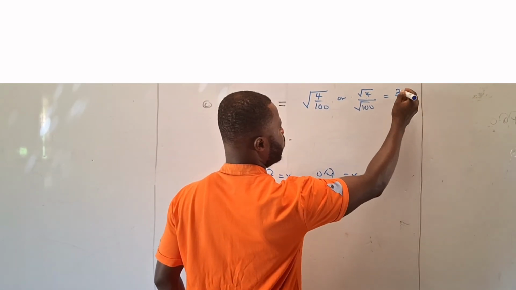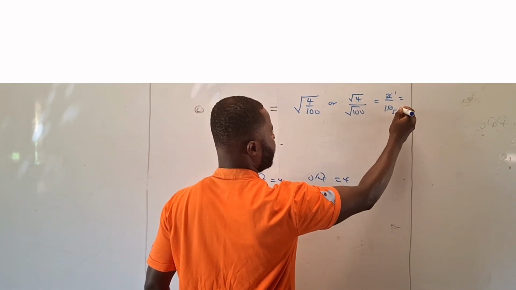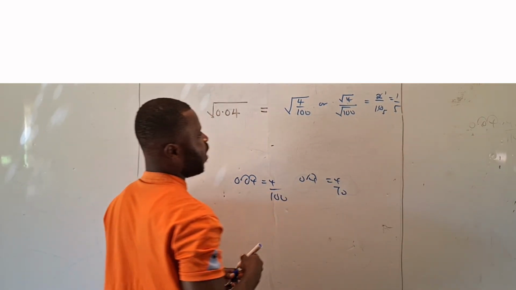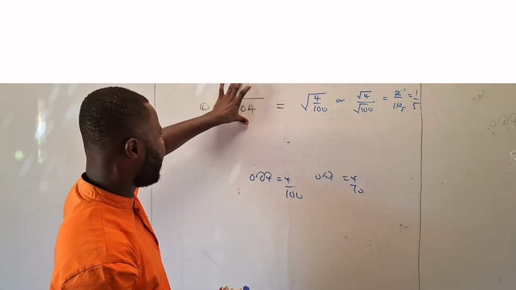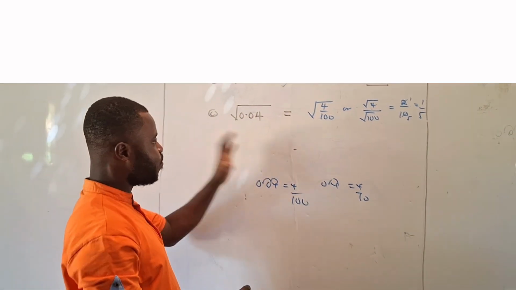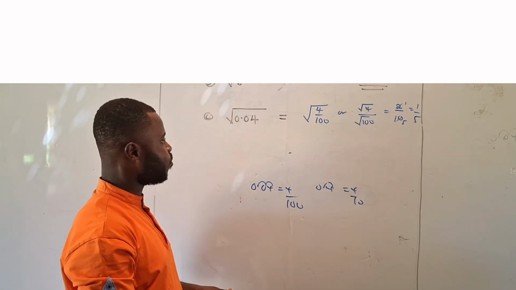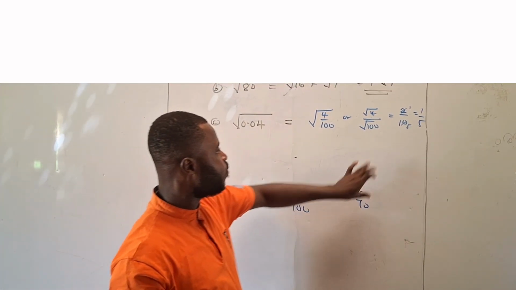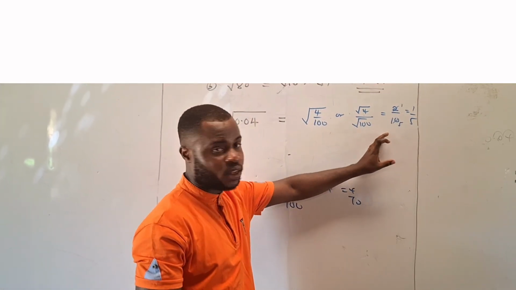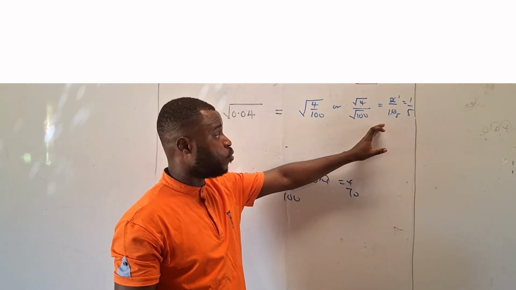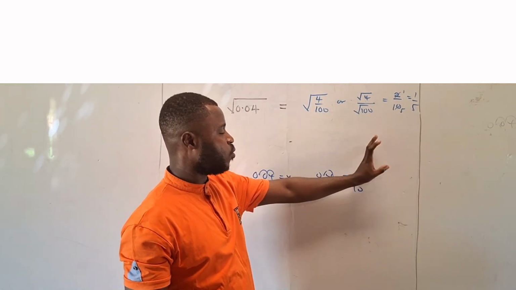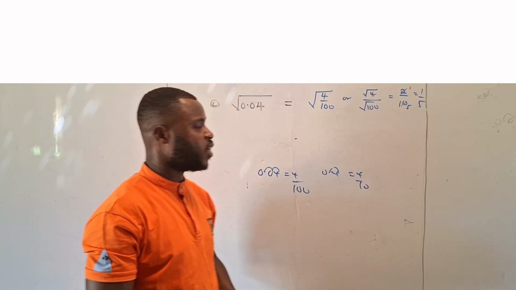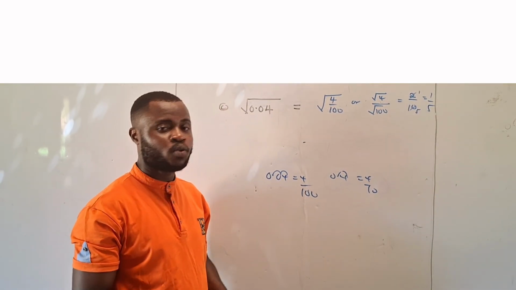Now to break it down, 2 can divide this one, and divide here 5. So 1 on 5 will be the answer. So when you see a question like this, change them to fractions. Then simplify the one that is a perfect square. We are simplifying. So when you leave your answer in this form, or 2 out of 10, you might not get a full mark for that. That's why I ended up on the 1 on 5. So this is how we do this one too.